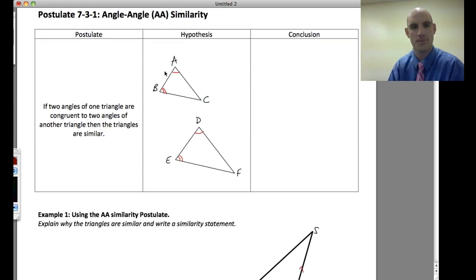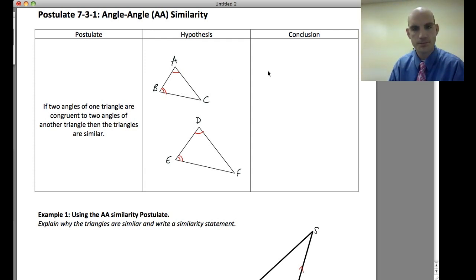Angle-angle similarity. It says if two angles of one triangle are congruent to two angles of another triangle, then the triangles are similar. So here we have ABC and DEF. What we can say about ABC and DEF is that they have two angles that are congruent.